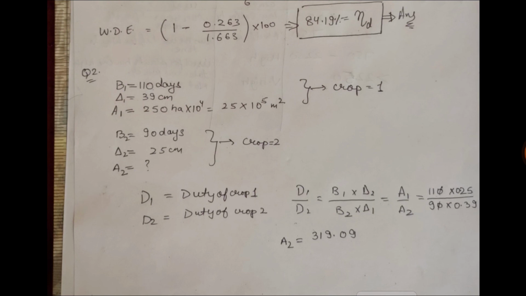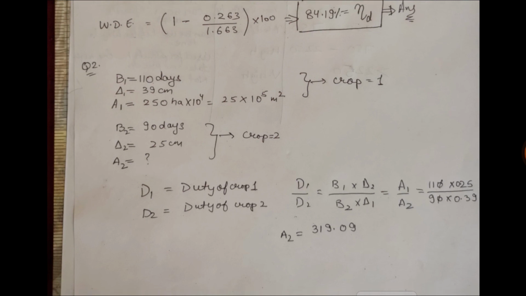Now this is another question, which is based on your delta value, and we have to relate delta value, time period and area of that crop. I have done it for you. The duty of crop 1 and duty of crop 2 will be related in the ratio d1 upon d2, then their values will be converted into hectares, and hectare is a unit of area, therefore the areas can be related.